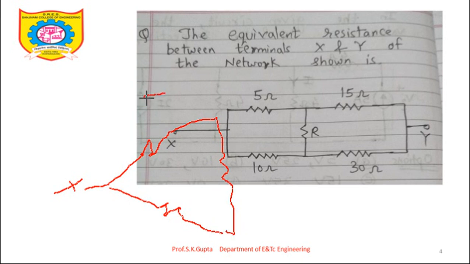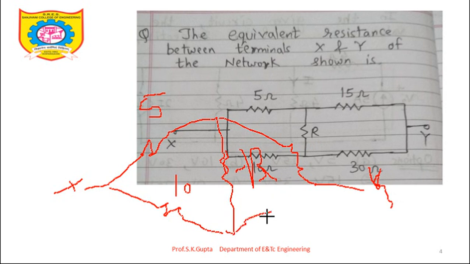So this is 5 ohm, this one is 10 ohm, this one is R. After that, from this point I have one 15 ohm resistor, connected to Y, and from this 10 ohm and R I have one 30 ohm resistor.